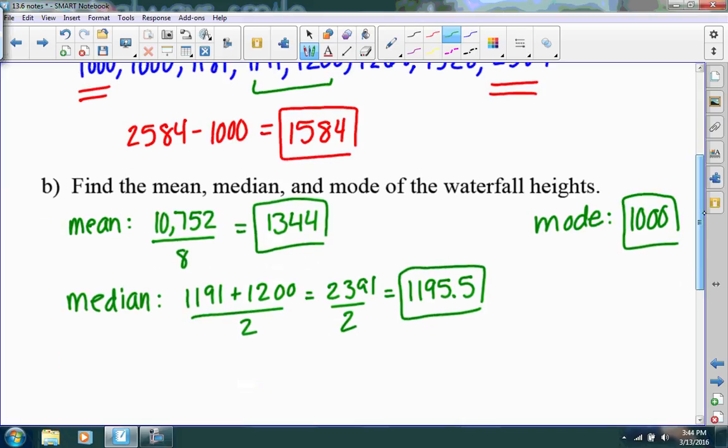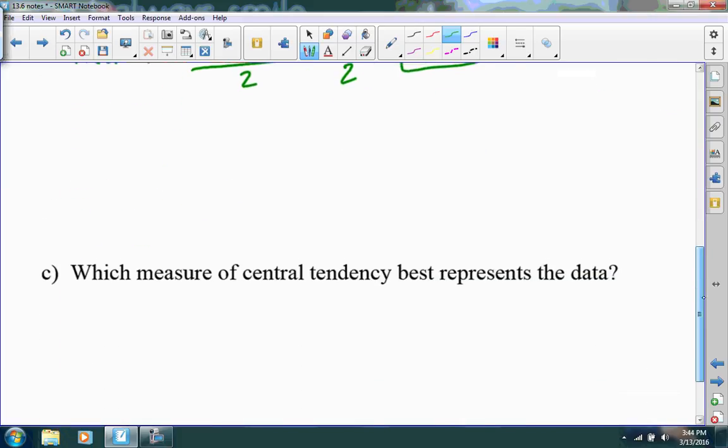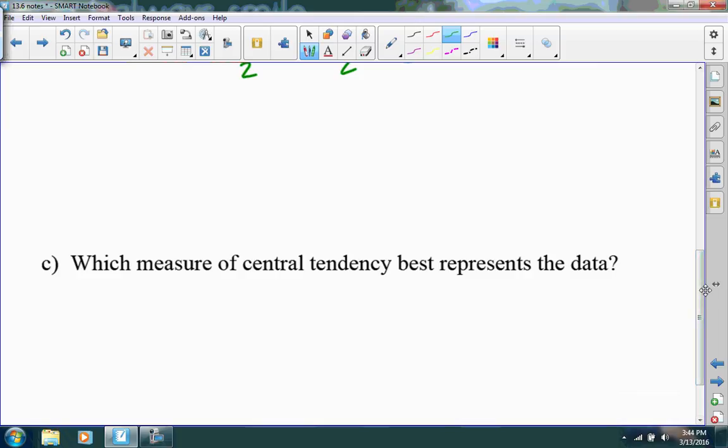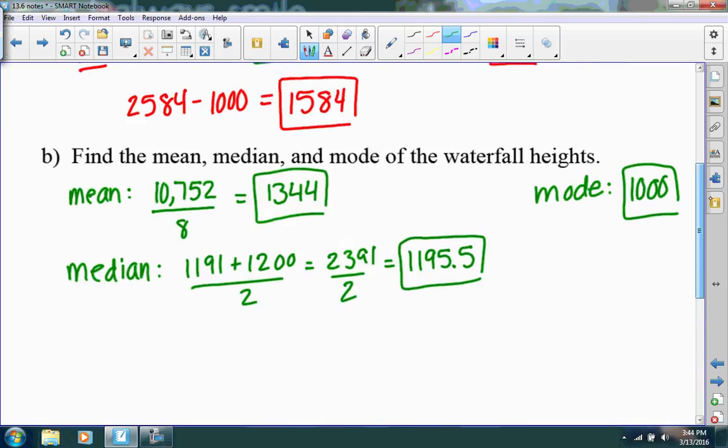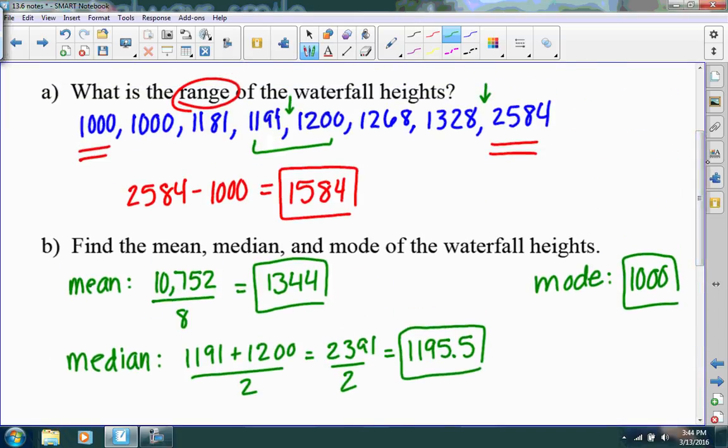Now part C says which measure of central tendency is the best representation of the data. Really we have four measures here because in part A I did find my range. But with my range, if I put 1,584 in here, that would be between the 1,328 and the 2,584.